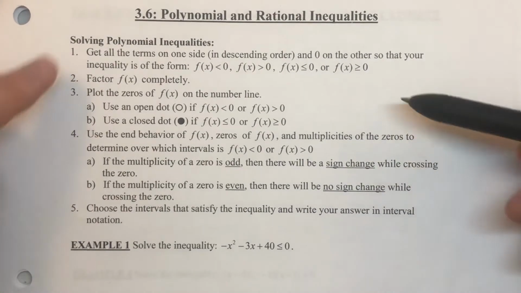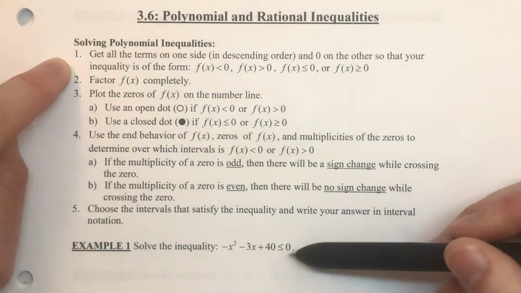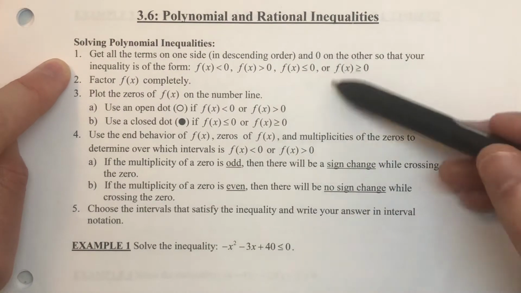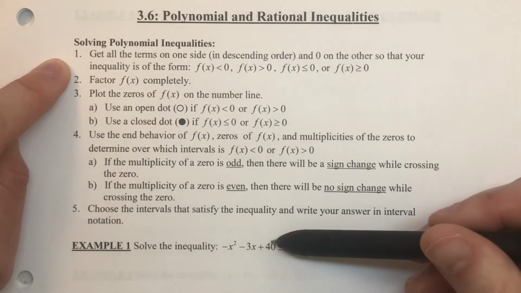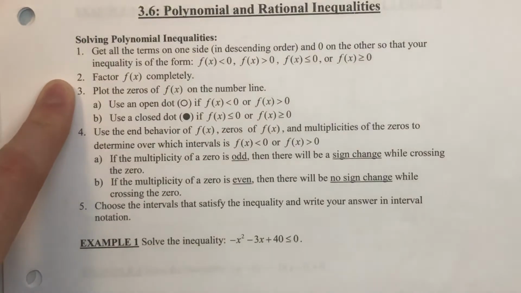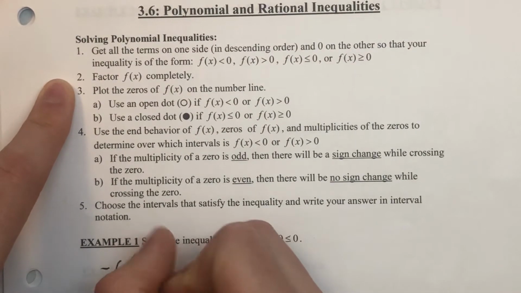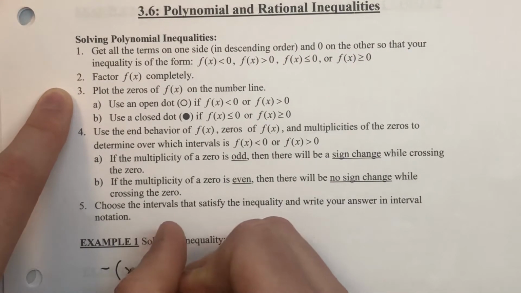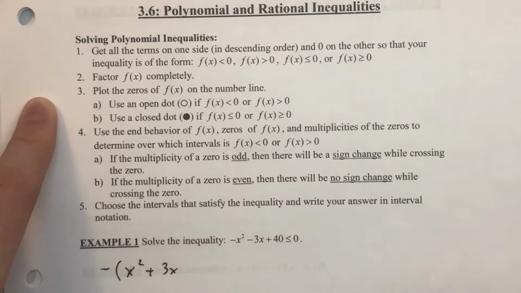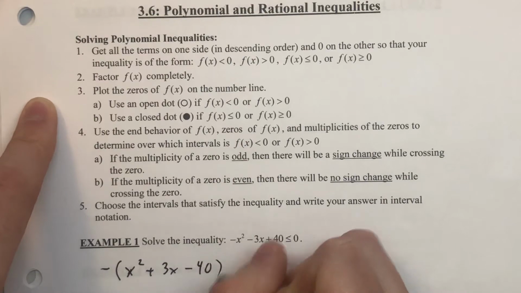So working through these steps here, the first step is important. If you don't have an inequality with 0 on one side, that's the first thing you want. You want a function compared to 0, which we have. So step 2, factoring. To factor this, first thing I'd say is we don't like a negative sign out front. So let's get this so it's got an x squared with a positive coefficient, and that'll make that a 3x and a minus 40.